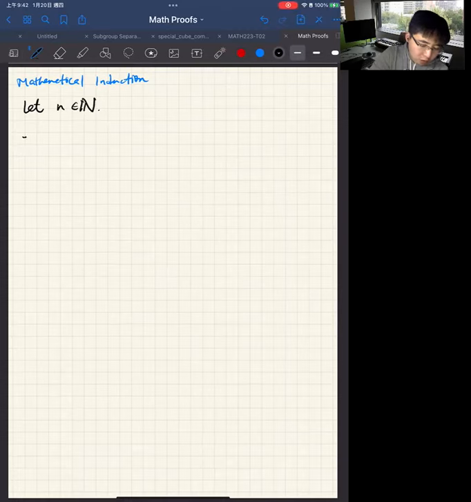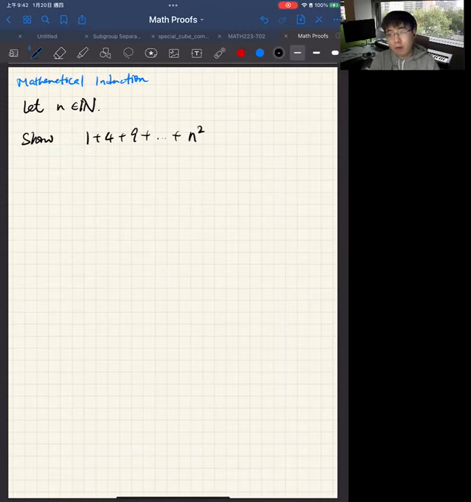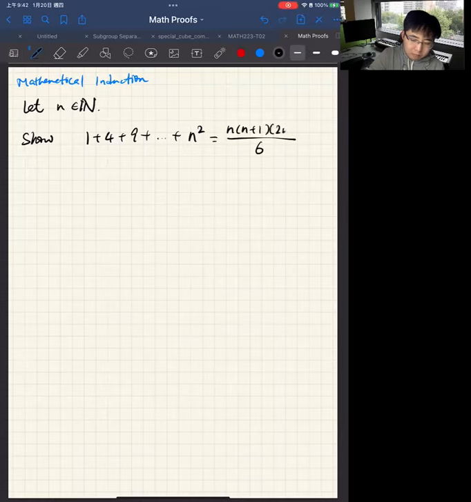Show that the sum from 1 squared to n squared is equal to this. It's just some random formula. You can easily try it online.